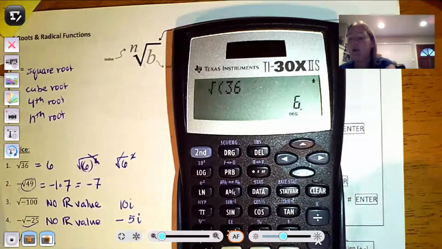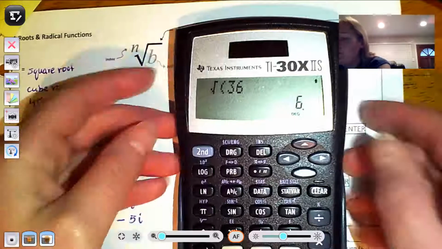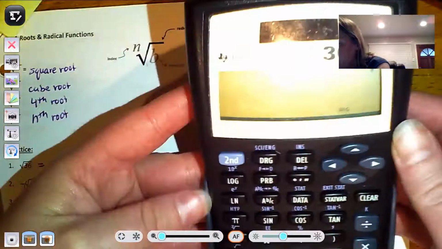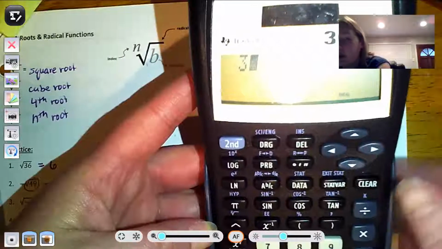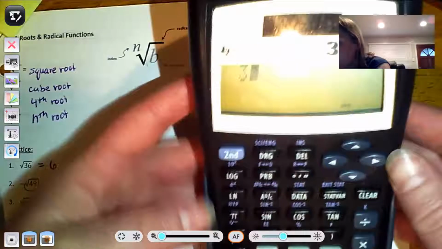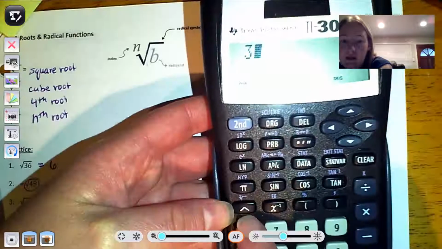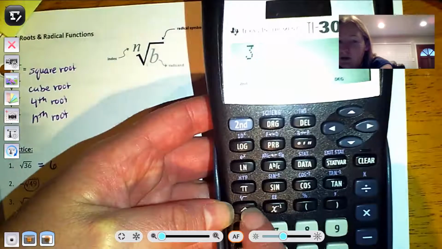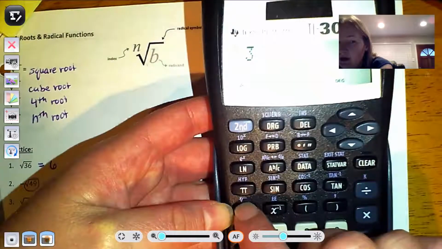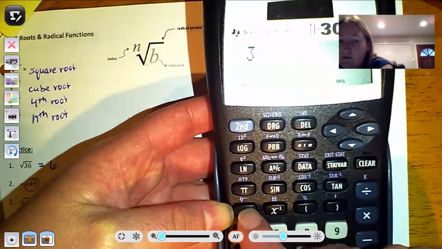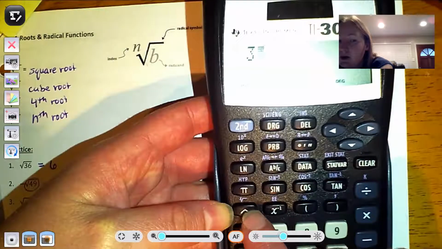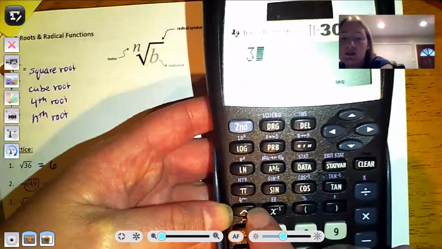If you want to do anything other than a square root, like a cube root, you're going to have to say what your index is first. So cube root would be 3 as the index, hit second, and the caret. You're undoing the power. By taking an nth root, you're undoing an nth power, and this is the power button when it's not just square, when it's cubed, or third, fourth, fifth, sixth, etc. power.